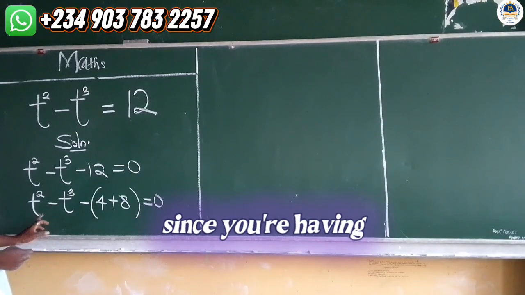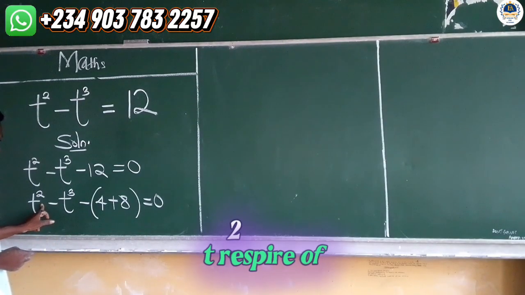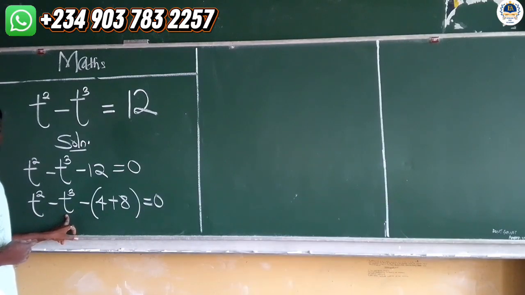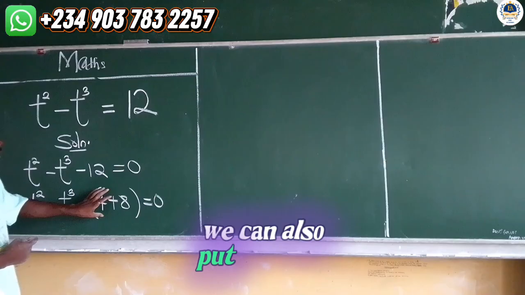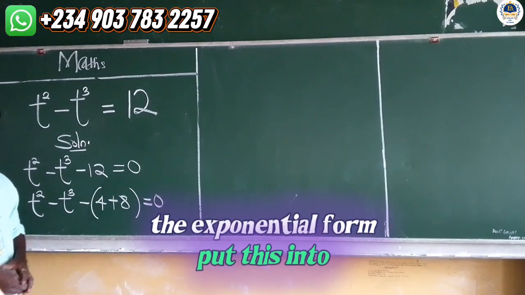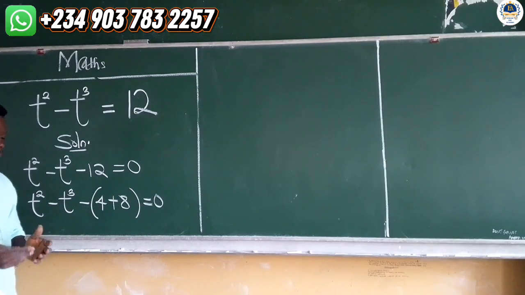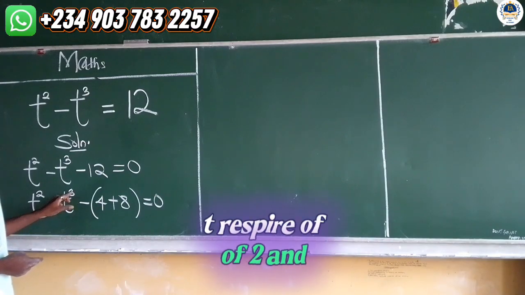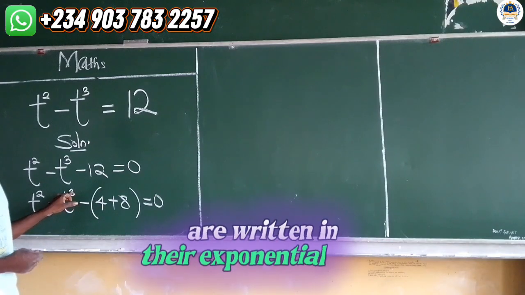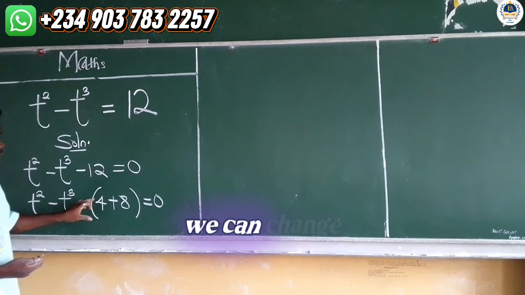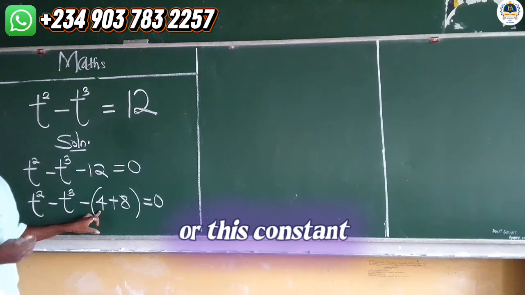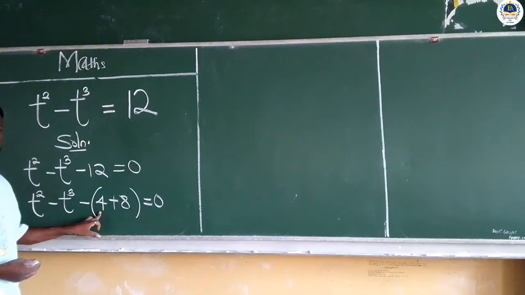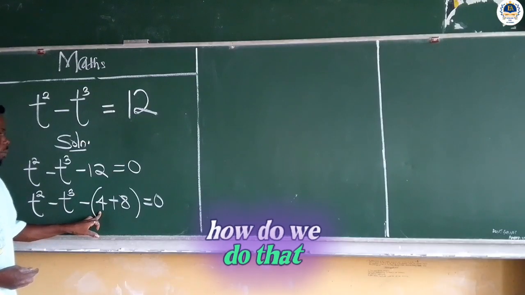Again, since we are having t raised to the power of 2 and t raised to the power of 3 in exponential form, we can change this constant term into the exponential form. How do we do that?